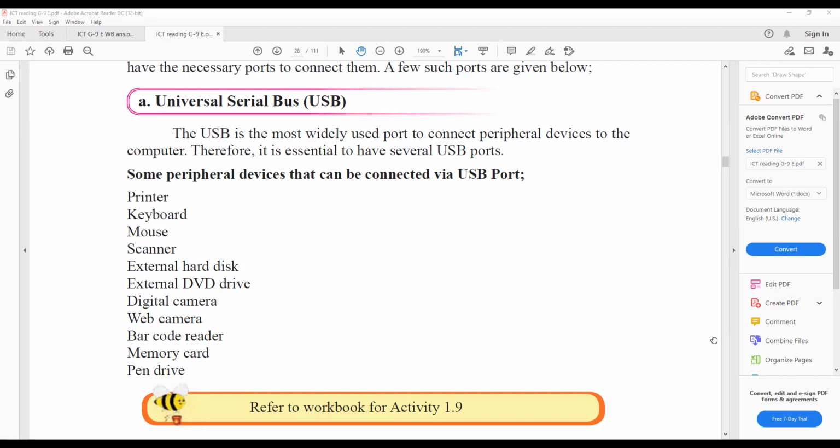You have seen PS2 earlier. If you have a PS2 keyboard and a USB keyboard, USB keyboards are faster than PS2 keyboards. So one reason is the data transfer rate is high.